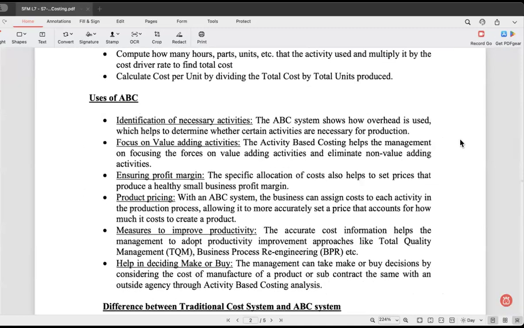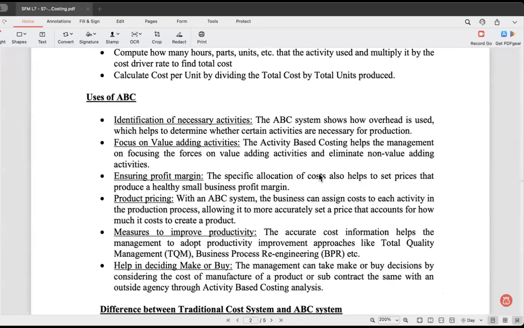Identification of necessary activities. By using the ABC system, we will be able to identify necessary activities. Now, the ABC system shows how overhead is used, right? ABC breaks down the production process into individual activities, as I said, machine setup, quality checks, or packaging.